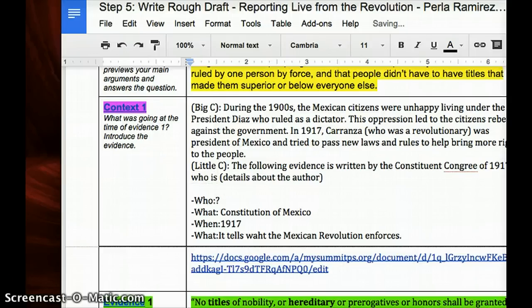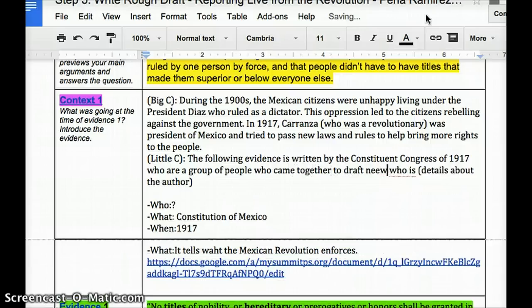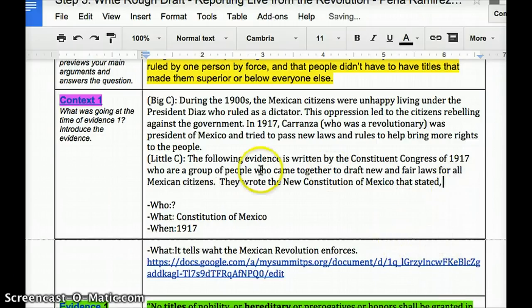And if you don't know who those are, I would click on it to find out. And I know who they are, a group of people who came together to draft new laws for Mexicans and fair laws for all Mexican citizens. They wrote the new Constitution of Mexico that stated, comma, and now we can have the quote.